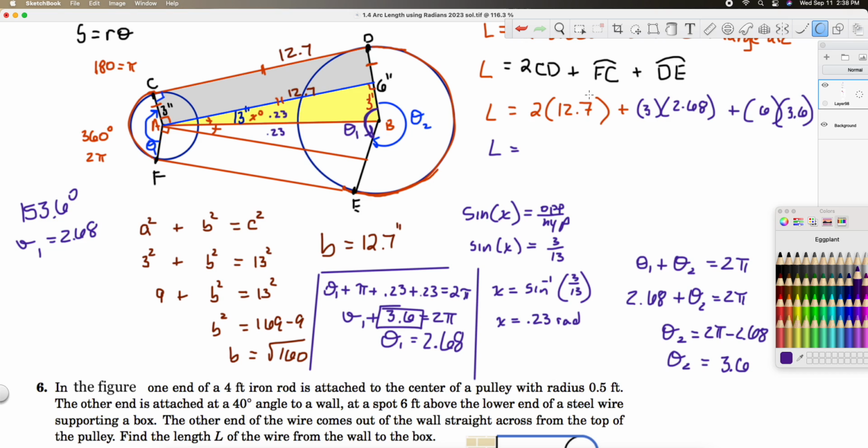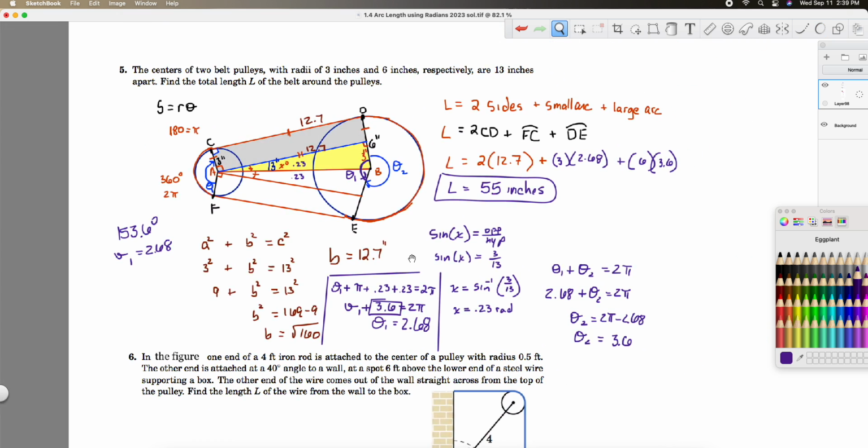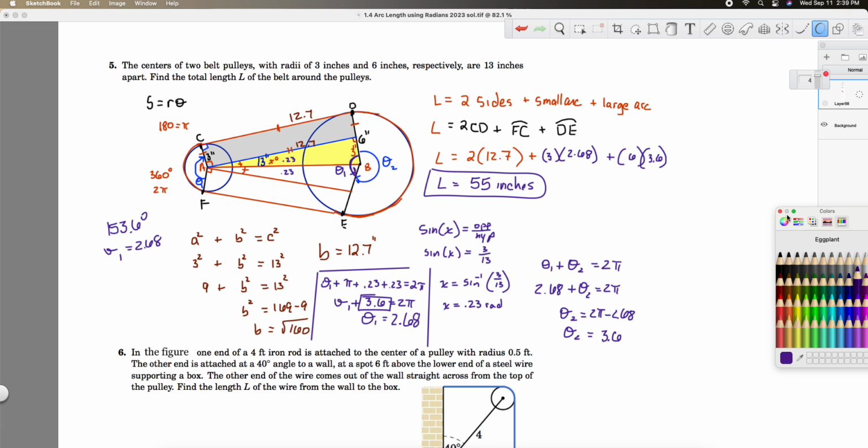And I get 55.04. So I'm going to say about 55 inches. And that is the length of the rope, the length of the belt that goes around these pulleys.